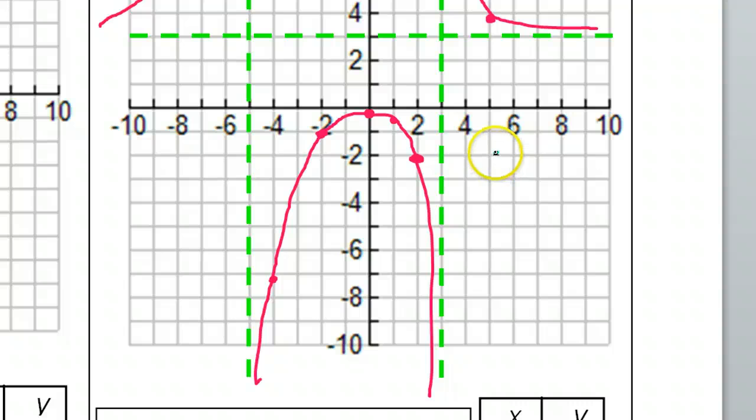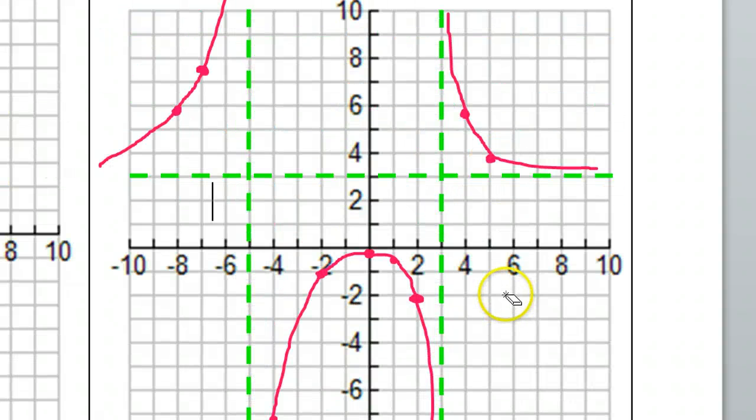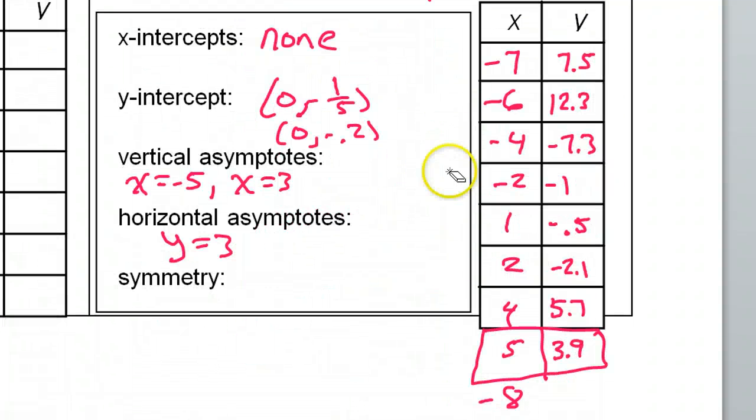Alright, and this is not going to have y-axis symmetry. Whoops. It's close to having y-axis symmetry, but you see how it's kind of off to the left from the y-axis. So symmetry, neither. And that is it, my friends.